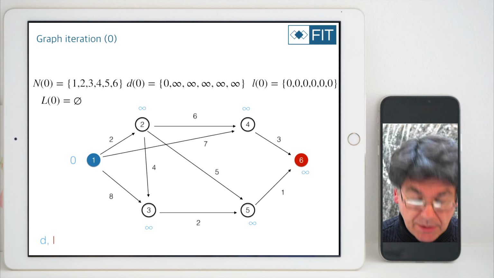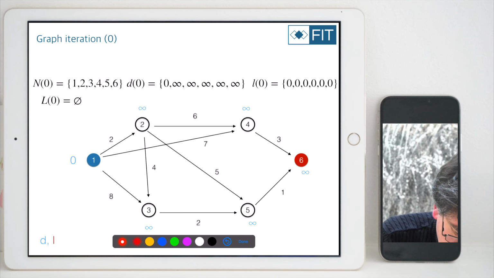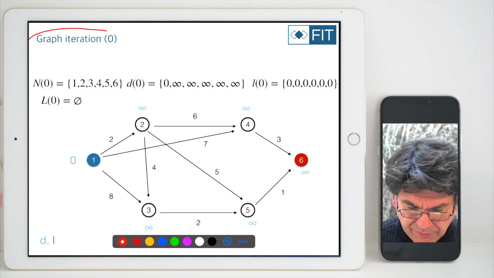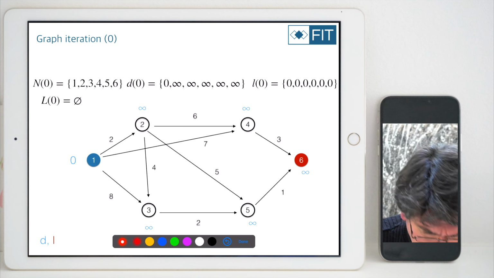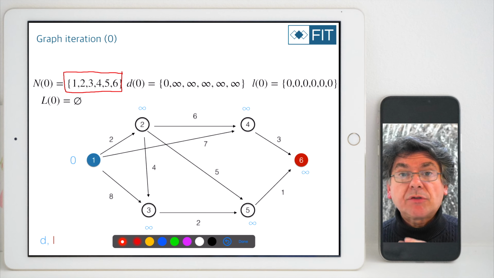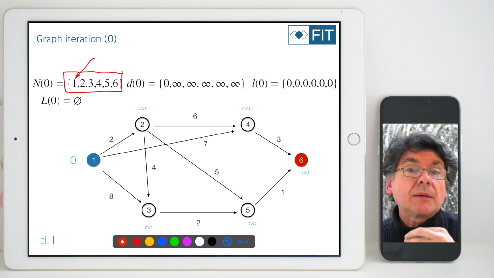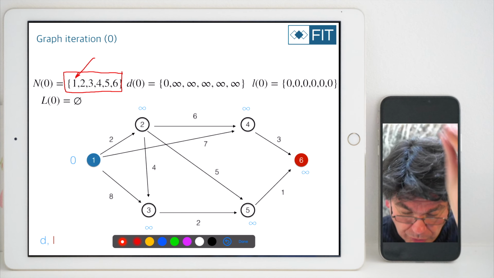We start like this. We're going to have an iteration. This is going to be iteration 0 in our process. And as we mentioned, the amount of ignorance we have is for all of the nodes. Note, we even include node 1, which is Toronto. We claim that we don't even know what is the fastest way to go from Toronto to Toronto.